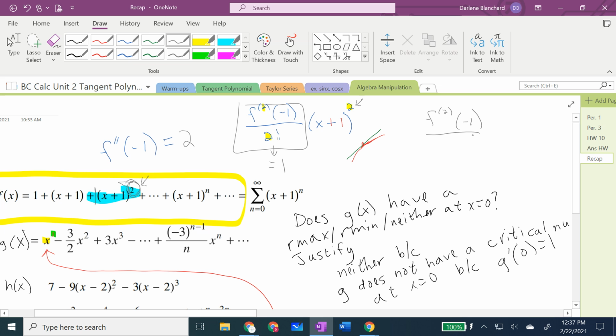And if there's too much busy work in there for you to see, formula equals coefficient, multiply both sides by 2 factorial, and you get that the second derivative at -1 is that number, which is 2.